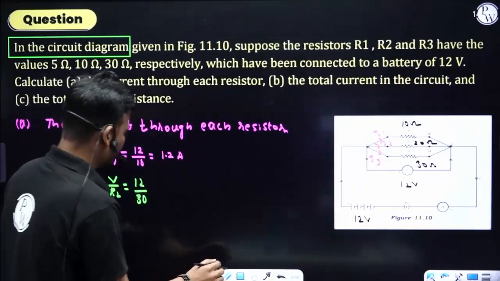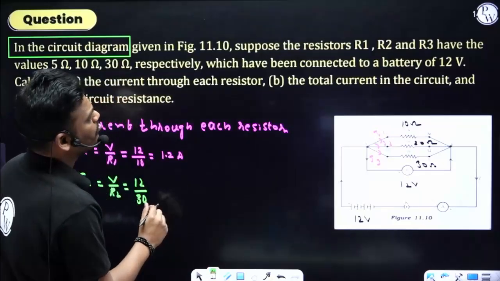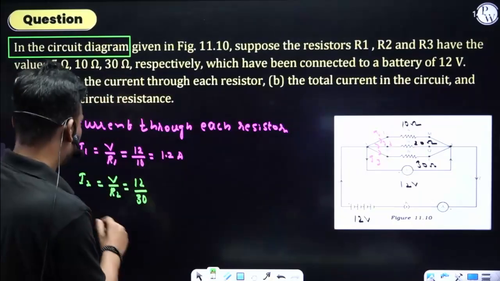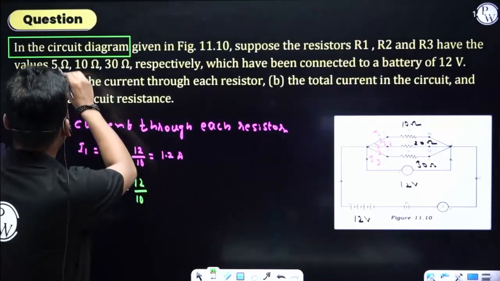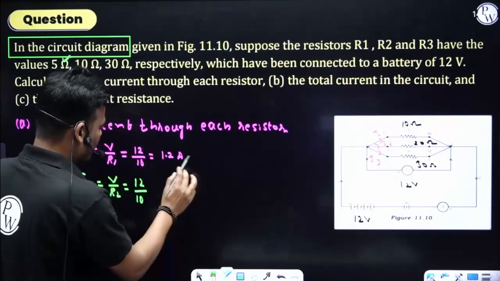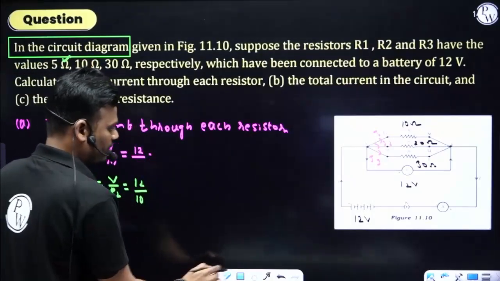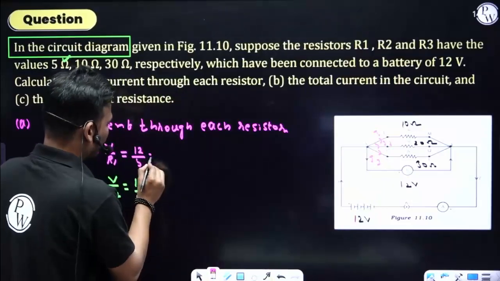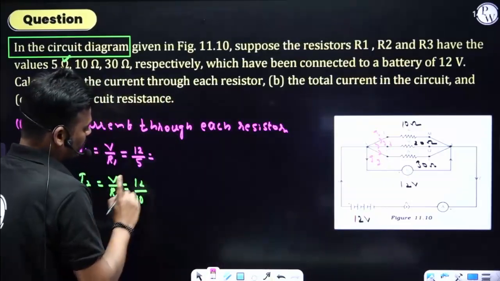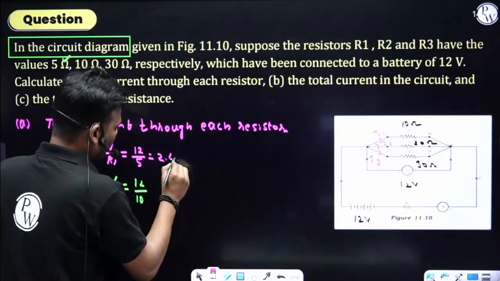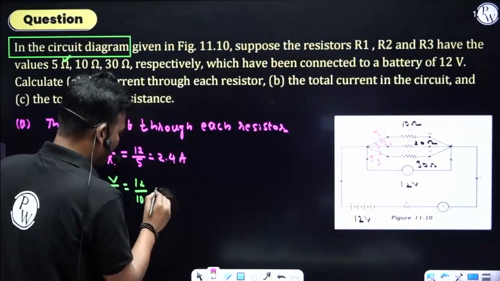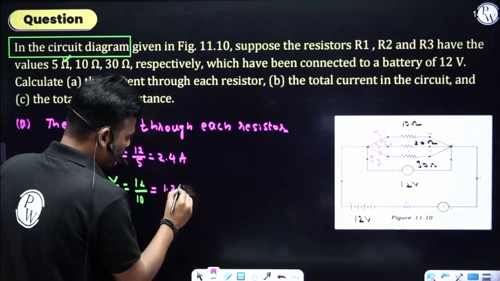The resistance is 30, right? 30 or 20? This is the 10. This is R1, 5. The first case is 5. Here I have written wrong. This is a 5. After simplifying, 5 2s are 10, 5 4s are 20, so it is 2.4 ampere, and this is 1.2 ampere.